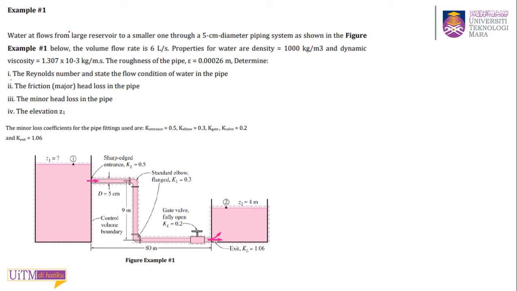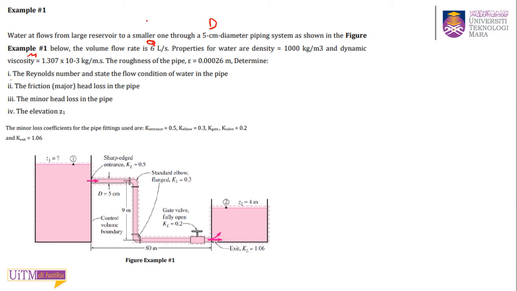Water flows from a large reservoir to a smaller one through a 5 cm diameter piping system. This is the D as shown in the figure. The volume flow rate is 6 liter per second, so this is your Q. The properties of water are density 1000 and dynamic viscosity mu 1.307 times 10 to the power of minus 3.